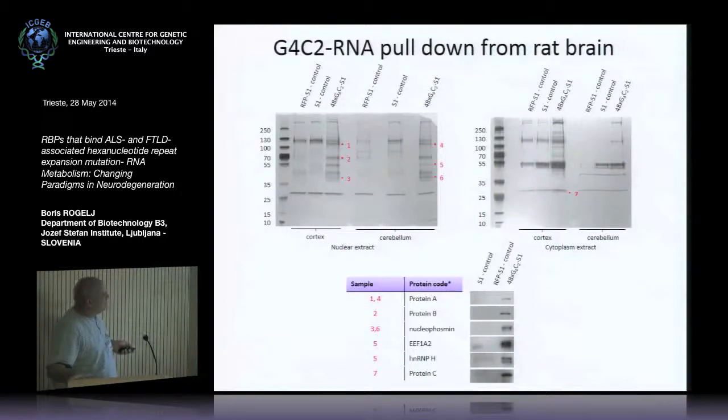This is hnRNP-H, which, while we were doing this, Chris Shaw's lab were also looking for potential binders of the G4C2 repeat, and then we collaborated further on hnRNP-H. I think nucleophosmin here is an important factor, because nucleophosmin is known to bind G quadruplexes, and we couldn't confirm it in cells.